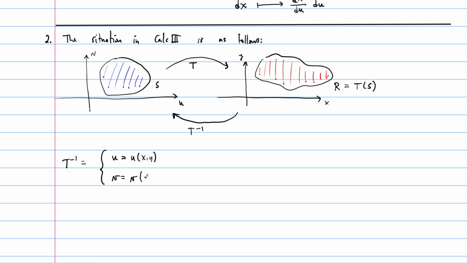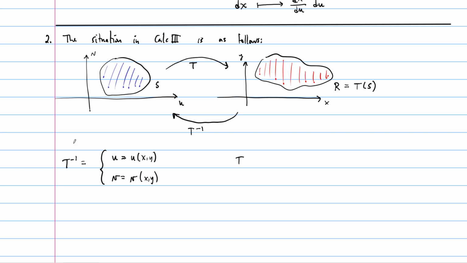So a transformation from R2 to R2 is really a combination of two functions of two variables. It's going to tell us how our u variable depends on x and y and how our v variable depends on both x and y. All right. But again, the transformation that we're going to work with the most is going to be this transformation T.